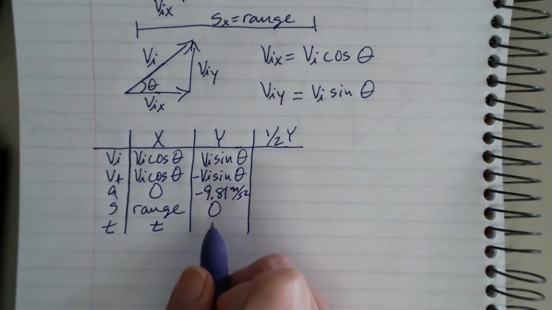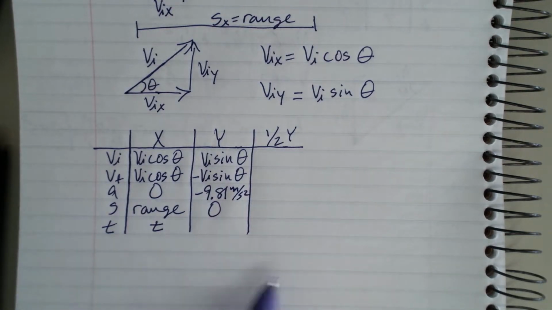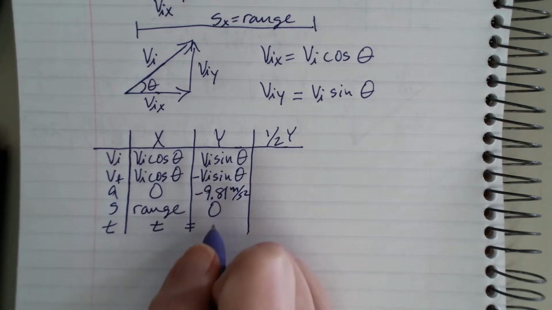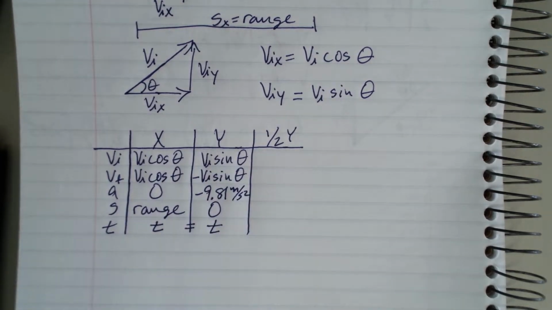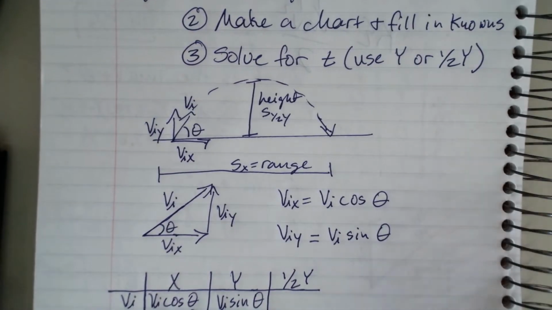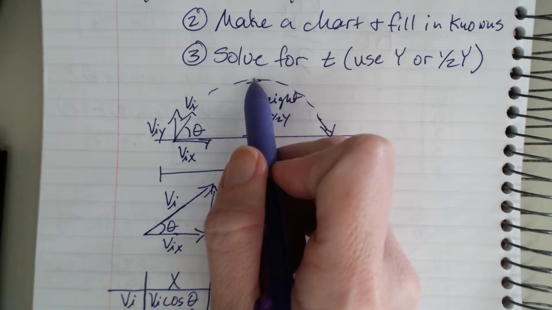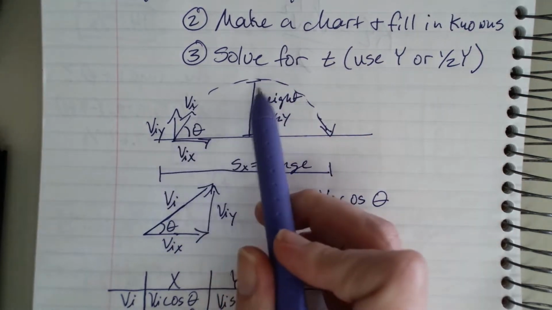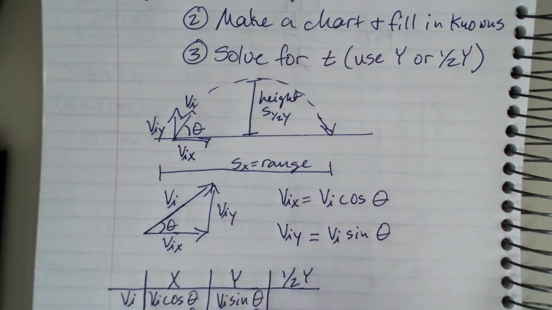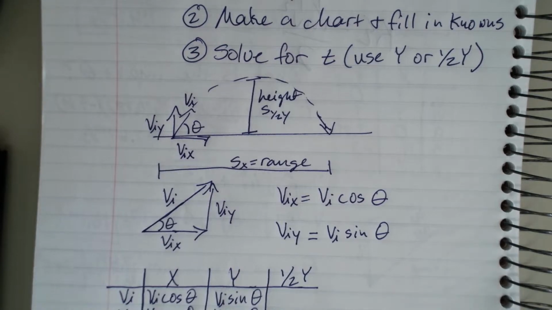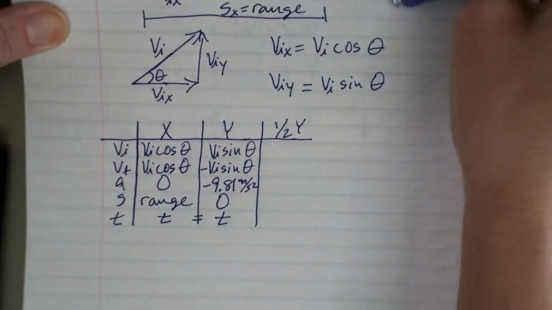The time that goes up and back down and the time it goes across are exactly the same time. The s and the half y, so when I do the half y math, I'm going to talk about just the part where it goes up and gets to this point. So when it goes up and comes to the middle, where the height is, the height of the point. Okay? That's all you're doing for the half y stuff.